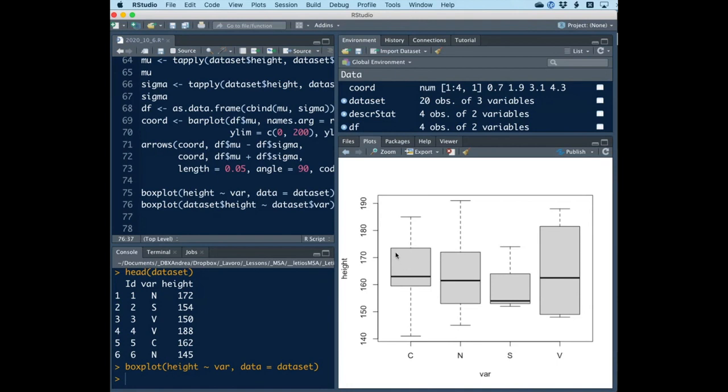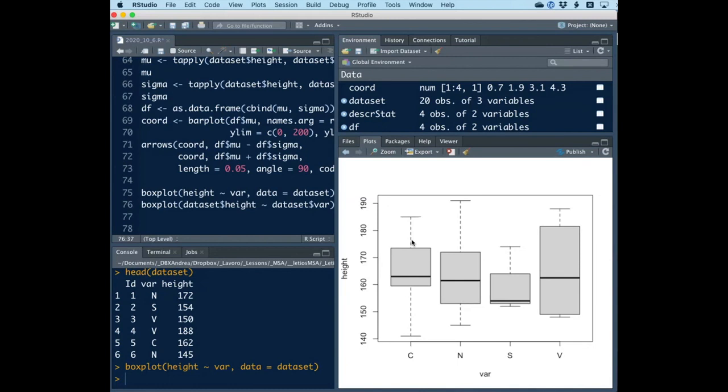So this gives us the spread of the data set for each group. This bar here in the middle of each box is the median. So you see that the median is not central with respect to the 25th and the 75th percentile. That's normal because we have more data in one small range than in the other one.